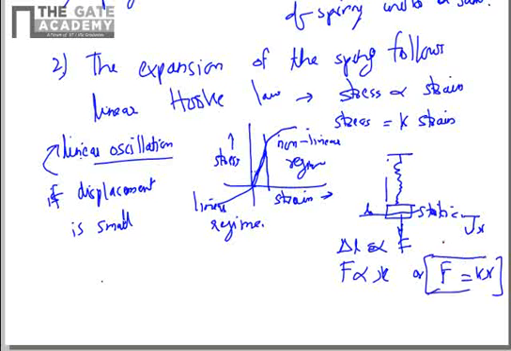So this is our basic law for the spring, and for different systems also you will find a similar analogy. In the torsion pendulum, the torque will be equal to some constant of proportionality times theta.